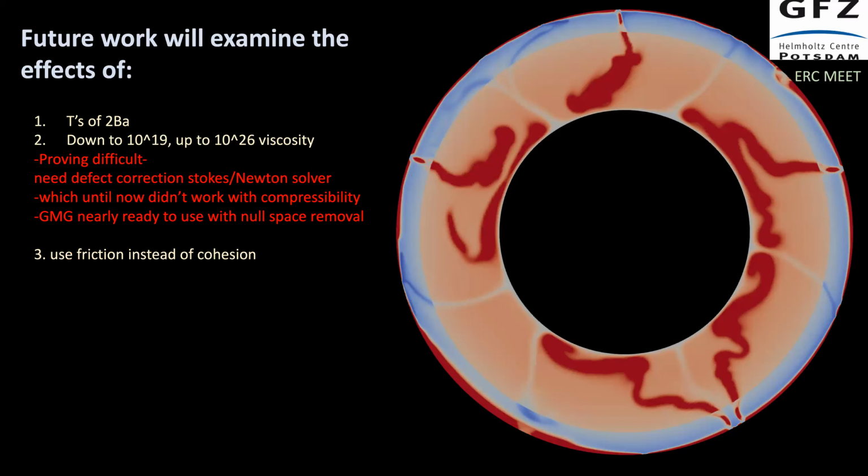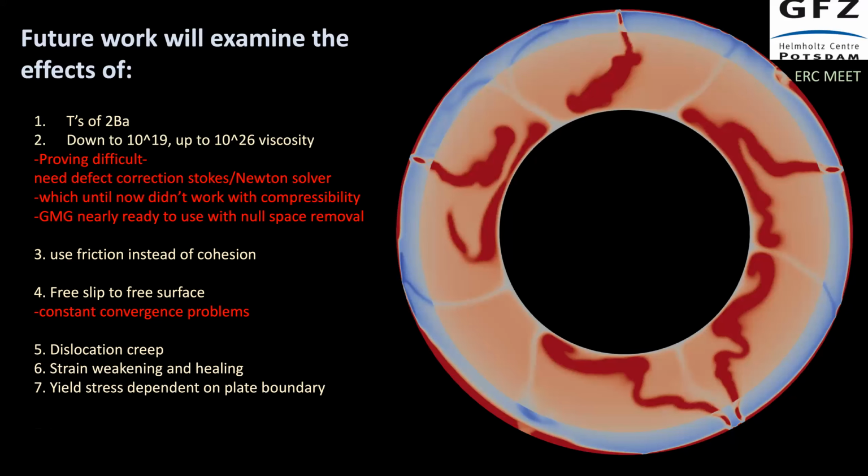Obviously, we'd like to use friction instead of cohesion, and also get the free surface back, which has caused us a lot of issues, a lot of convergence problems, including dislocation creep, especially having a yield stress that depends on plate boundary, adding the continents, and finally, a little bit further into the future, starting to couple these tectonic models with surface erosion routines such as Fastscape.